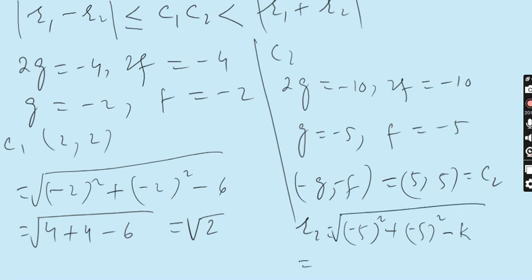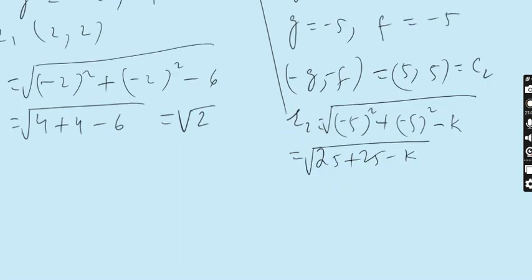Root of 5 square 25 plus 25 minus k. 25 plus 25 is 50, so 50 minus k. This is the value of R2.